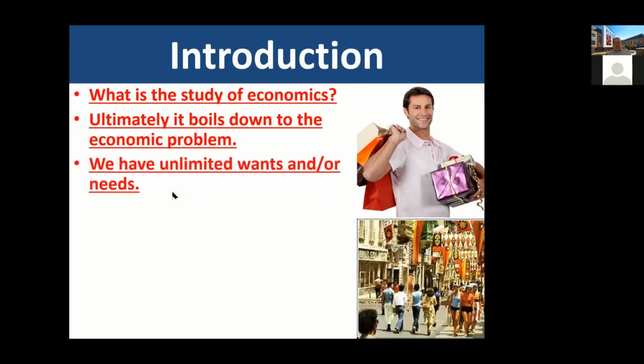And when we talk about wants or needs, wants are obviously things that we desire. Now, in economics, it's not enough just to desire it, you also need to be able to pay for it. But wants are things that we don't necessarily need to have to survive, while the needs, we obviously need to have these to be able to survive.